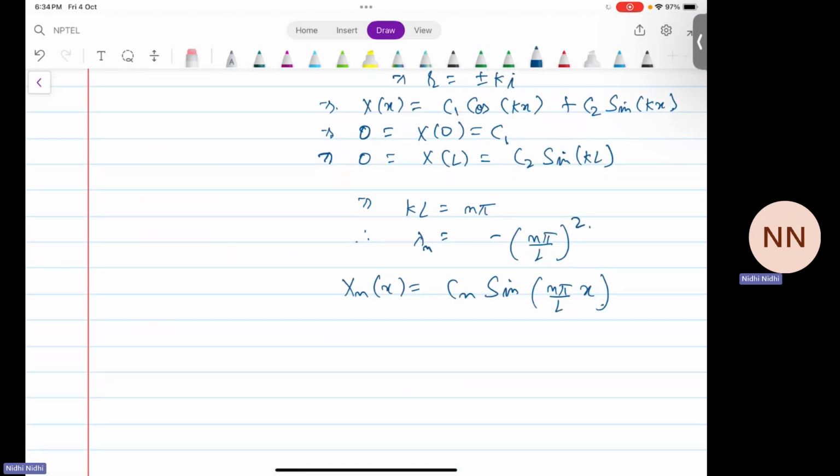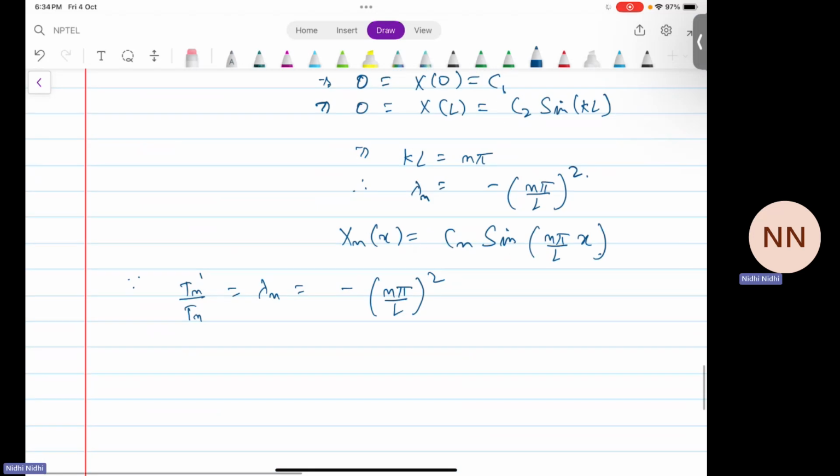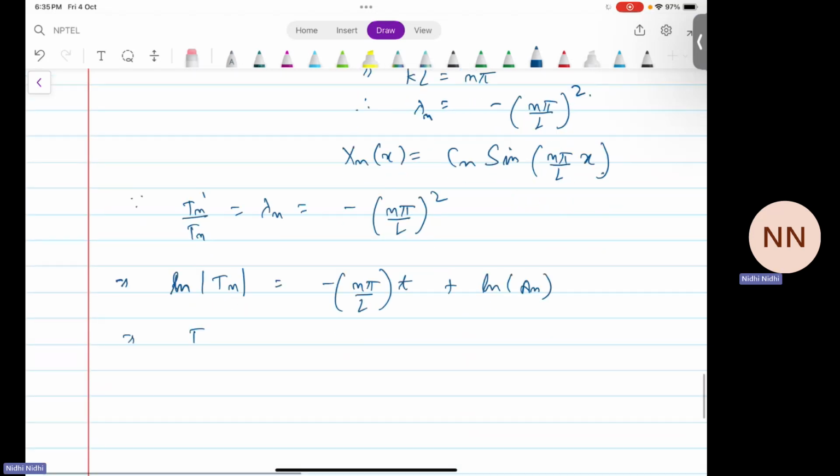Now corresponding to this lambda n, we need to find Tn. Since Tn' by Tn is equal to lambda n, which is equal to minus (n pi by L) square. Integrating both the sides, we'll get ln Tn is equal to minus (n pi by L) square t plus ln some constant a. So this gives us Tn(t) is equal to an e to the power minus (n pi by L) whole square times t.